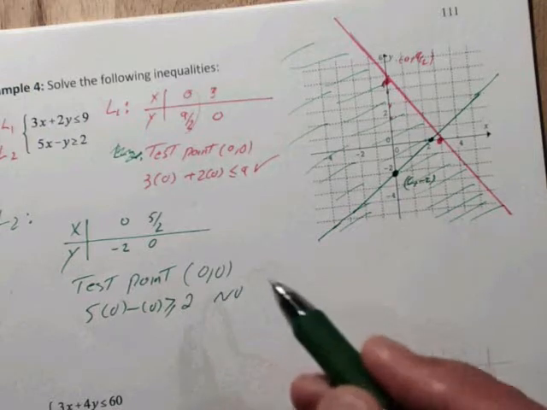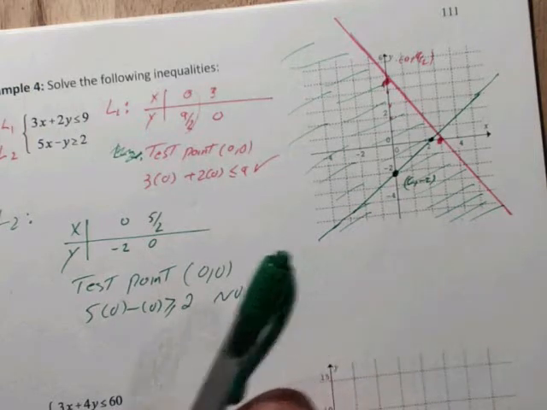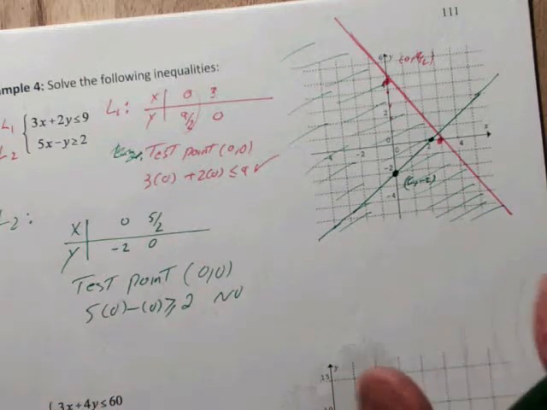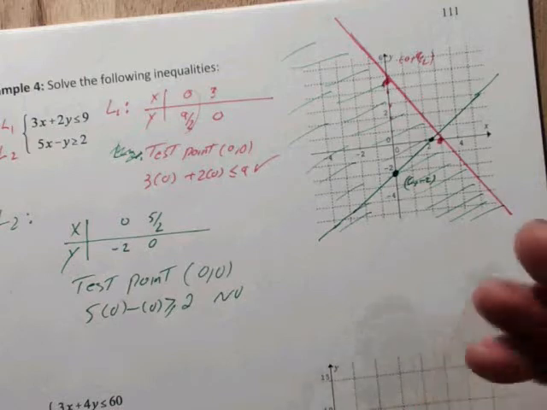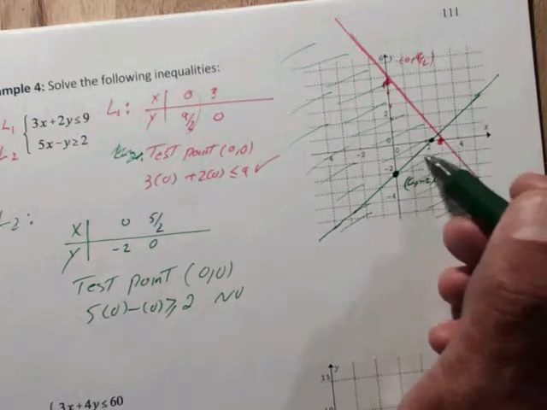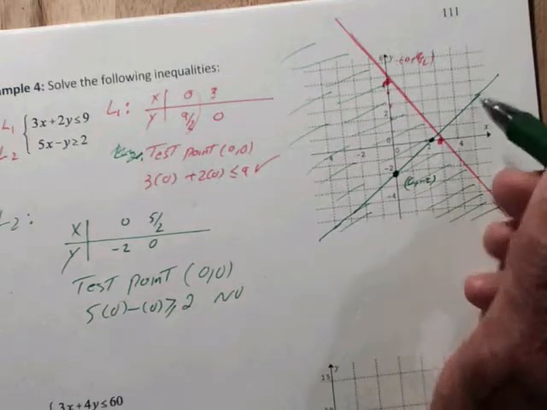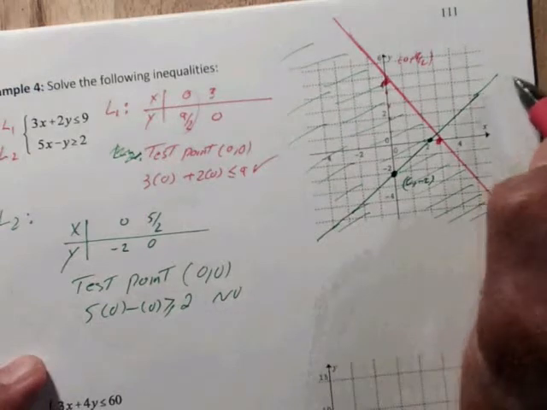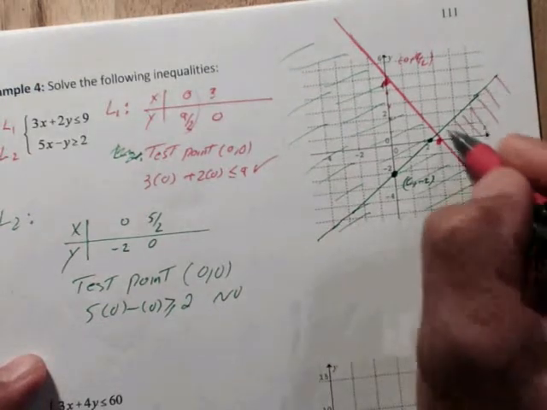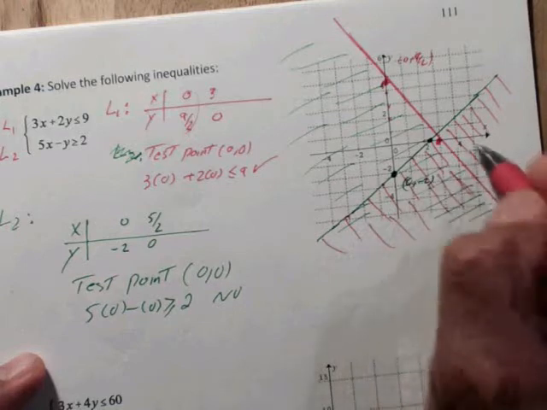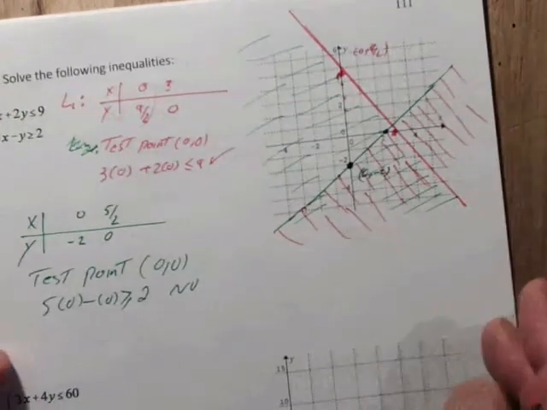No. So that means for the green one, this side is the solution. Maybe I should use red. I should have used red for the red one. This side of the green one is the solution.